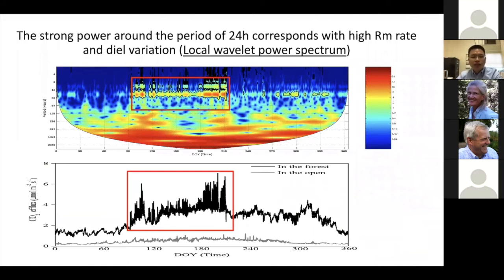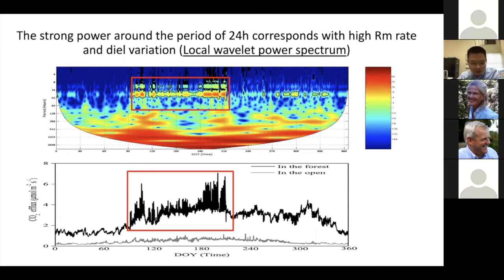Then I used the local wavelet power spectrum to find when this 24-hour period happened in the year. The red color with the contour line indicates high power with statistical significance.